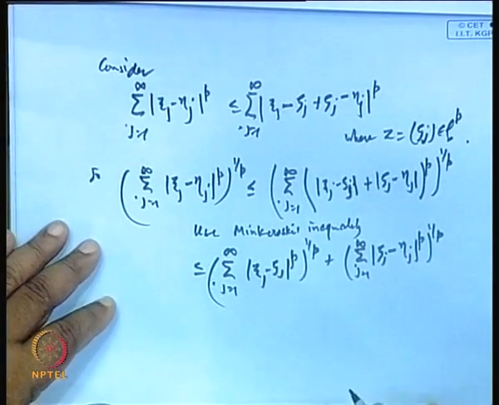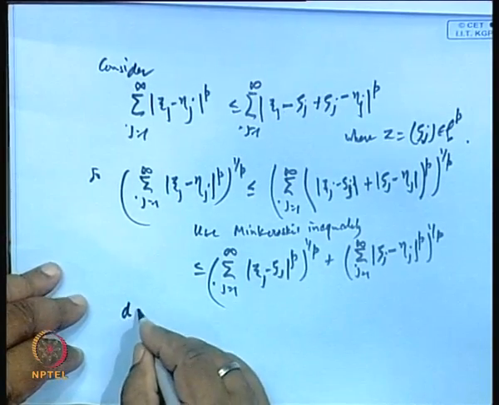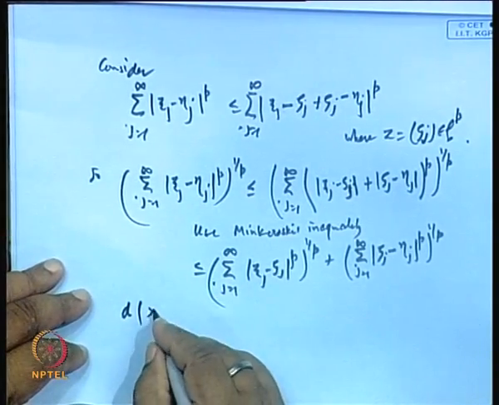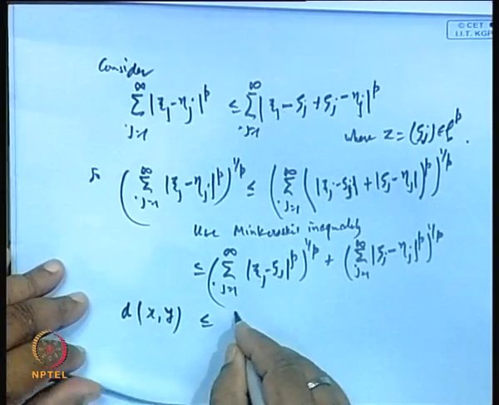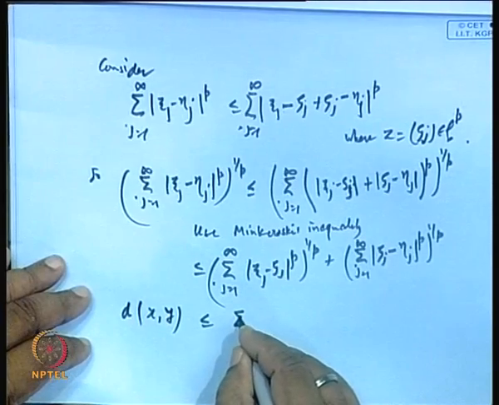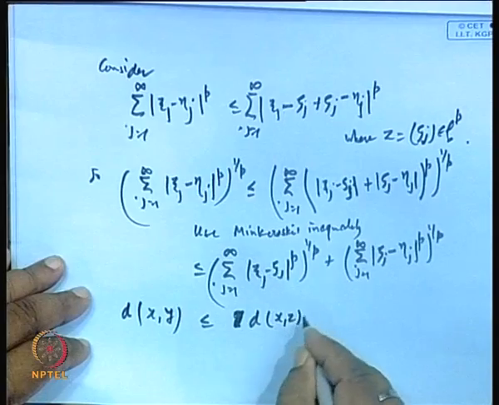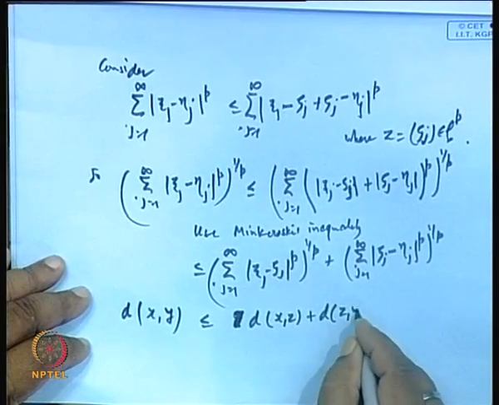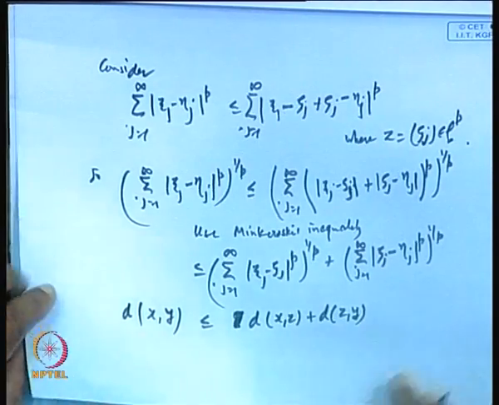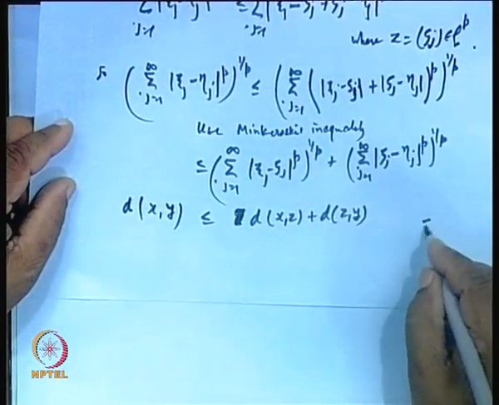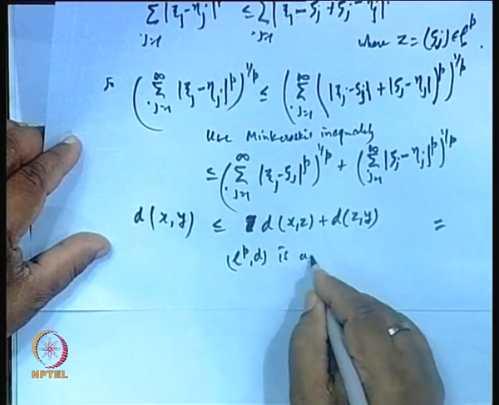And the left hand side is the metric d of x, y, this is less than or equal to metric d of x, z plus metric d of z, y. That is, the triangular inequality is followed. So, this proves the LP space under D is a metric space.